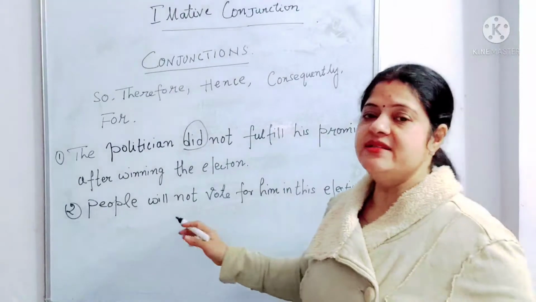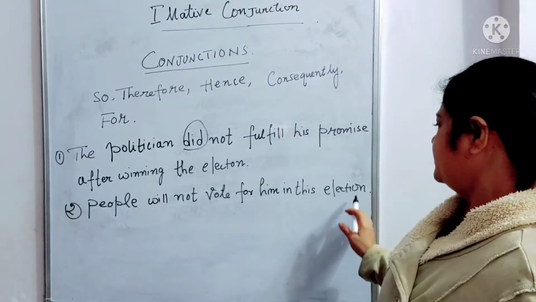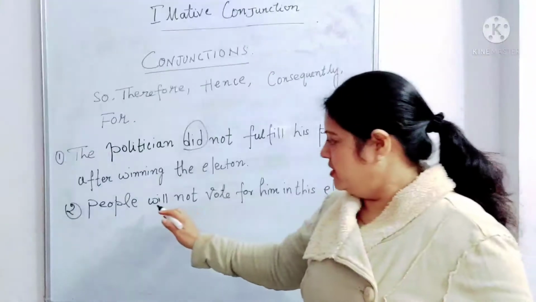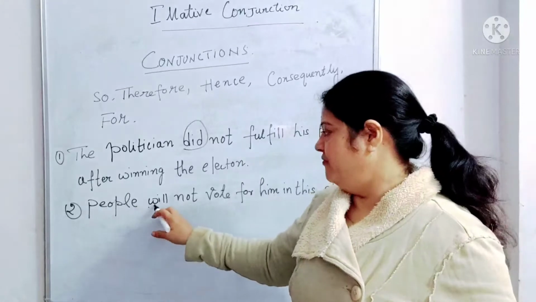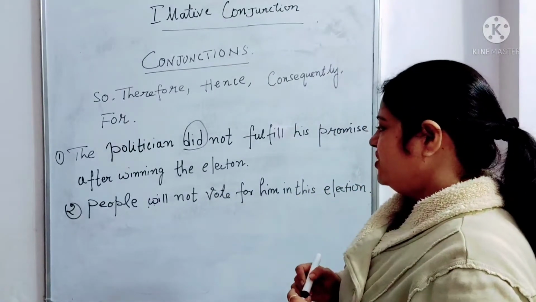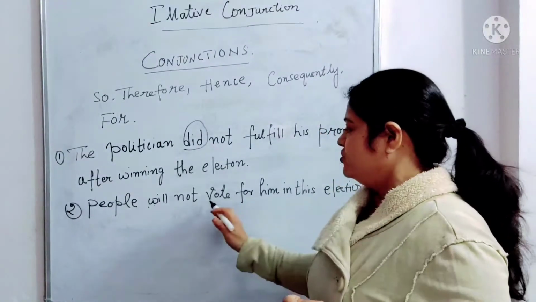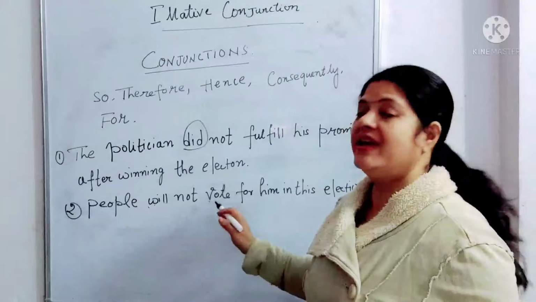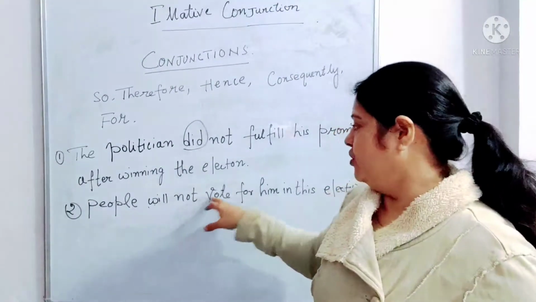And second sentence is, people will not vote for him in this election. So here will not, this is also a verb. So people will not vote for him in this election. So here we see that people will not vote for him. So here vote is actually working as a verb. So people will not verb.